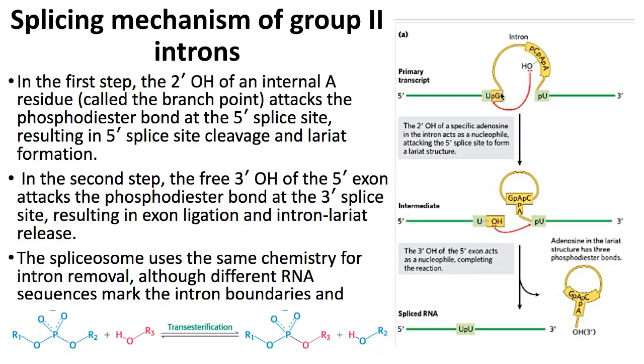For the splicing to occur, in the first step the hydroxyl group of the internal branch attacks a phosphodiester bond at the 5' position right here, which results in cleavage, and the free hydroxyl group that was created also attacks the phosphodiester bond at the 3' position, which ends up releasing the introns, and that's how you have that removal of the introns.